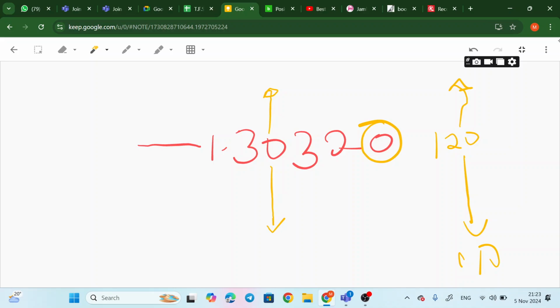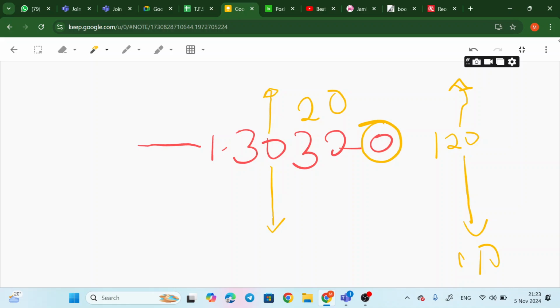So if I entered at 1.3032 and I have speculated that this market is going down, in case it starts going up, I have to set the number of pips that I'm willing to lose. I will say I'm only willing to lose 20 pips. So in case this market starts going up by 20 pips, I will exit.